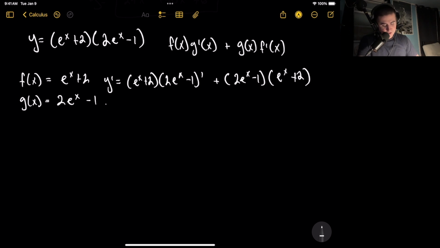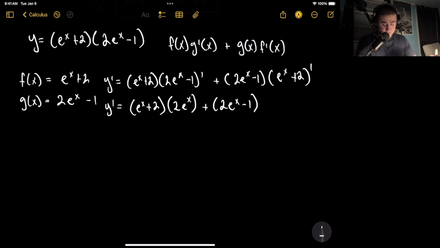All right, so now we have y prime is equal to e to the x plus 2, and the derivative of 2e to the power of x minus 1 is just 2 times e to the power of x, plus 2 times e to the power of x minus 1. And, forgot to take the derivative here. The derivative of e to the x plus 2 is just e to the x.